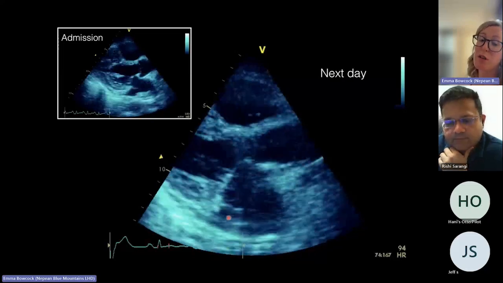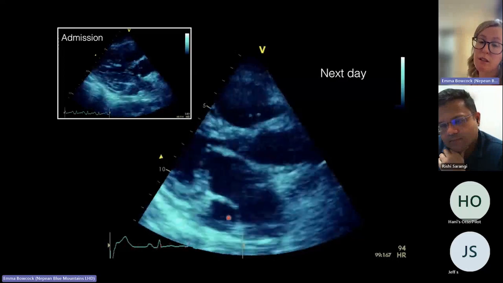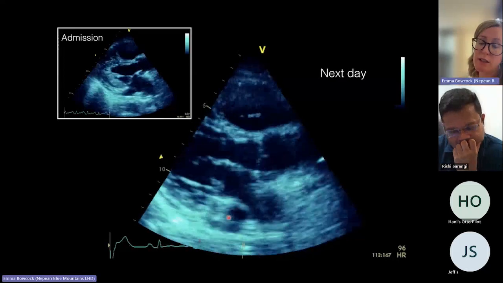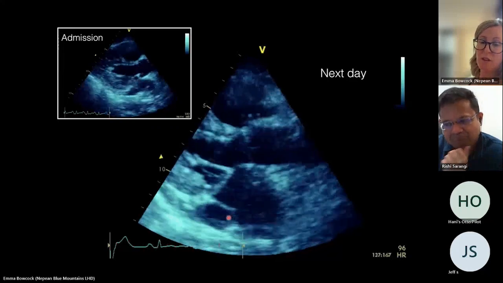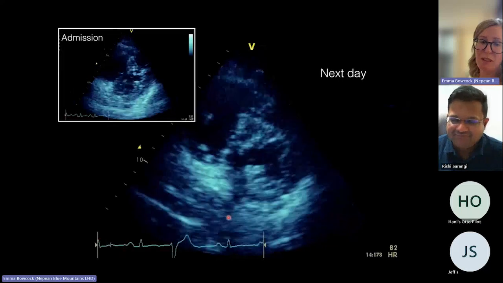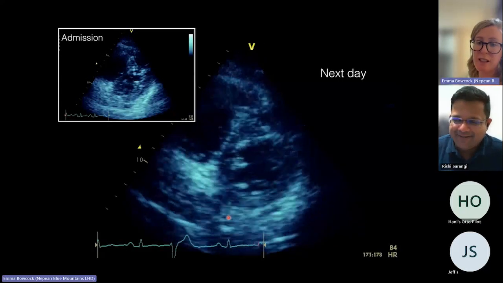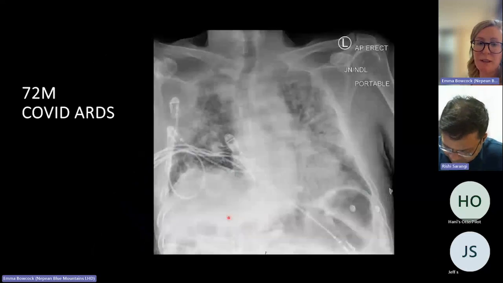But there's also one other thing that you might think about checking for if you see a dilated coronary sinus. A persistent left SVC, yeah, with a bubble study. And you can see that the ventricular interdependence already the next day is starting to look a bit better.